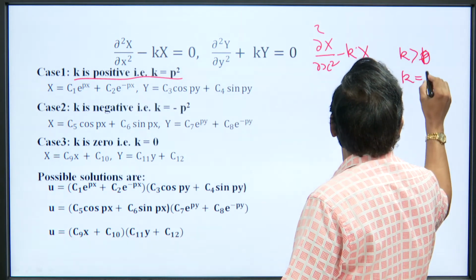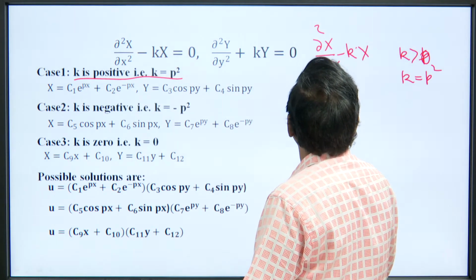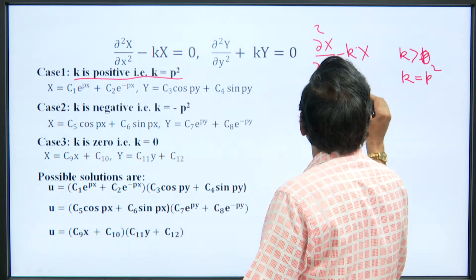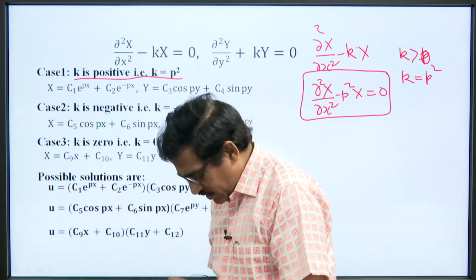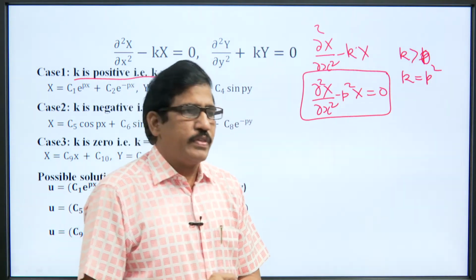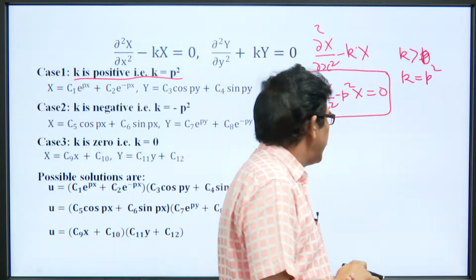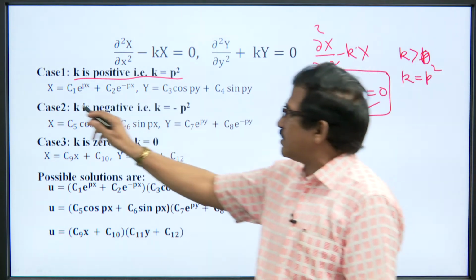Then we can consider k is equal to p square, and del 2 X upon del x 2 minus p square X is equal to 0. Now, this is a simple second order differential equation which can be easily solved with the help of the auxiliary equation method or any other method which may be easy for you.